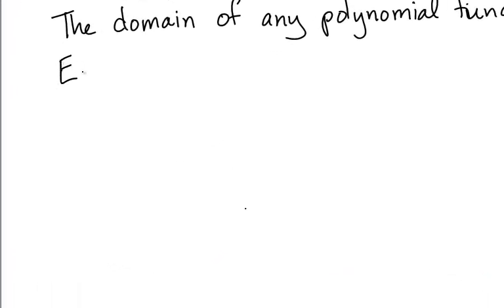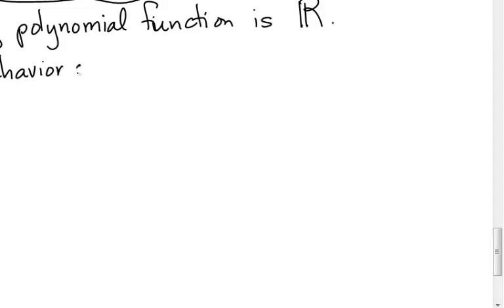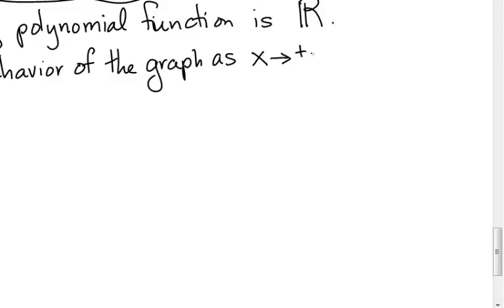Then the author talks about end behavior. The end behavior is the behavior of the graph as, look up here, as x approaches, we're just going to use a little arrow for approaches, as x approaches positive infinity, or as x approaches negative infinity.